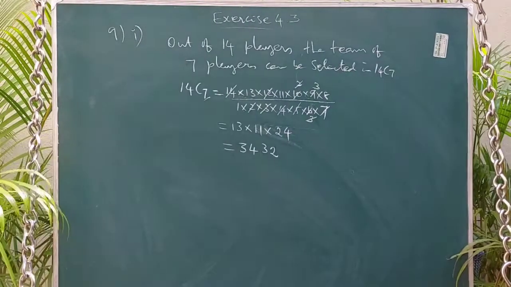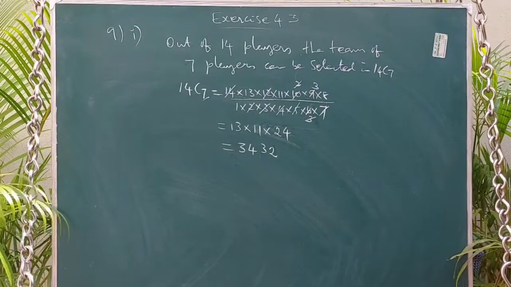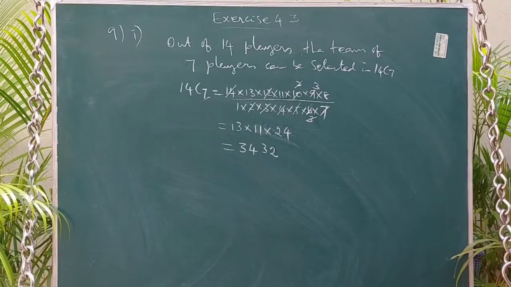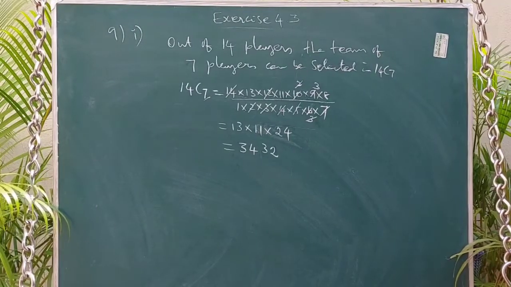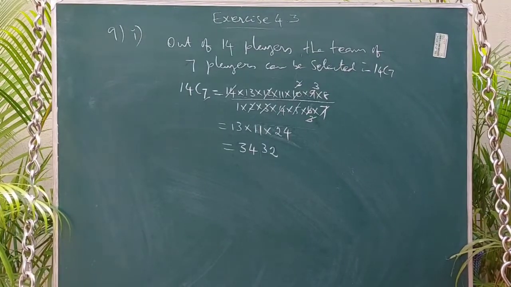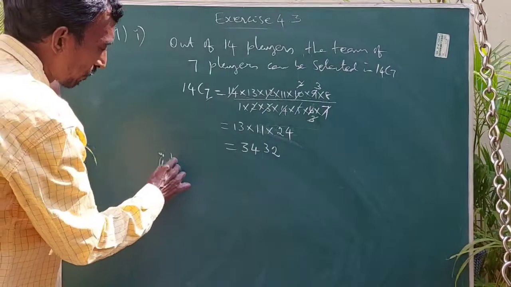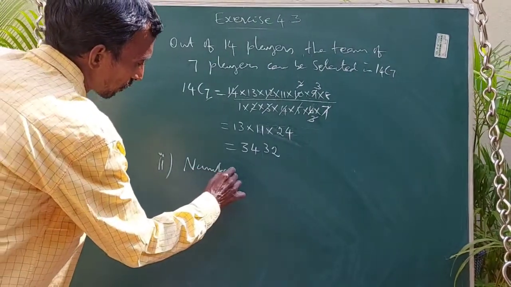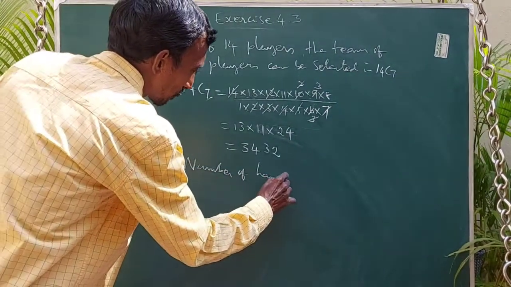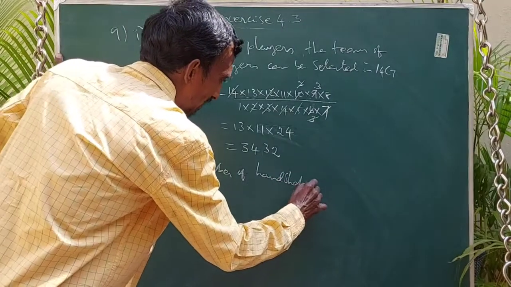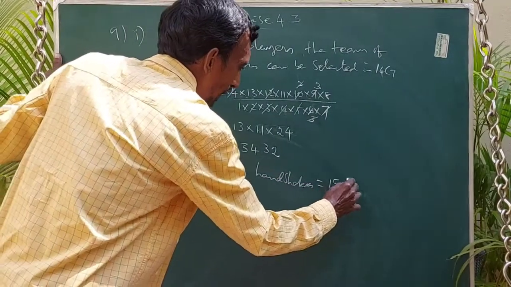It is a very easy one. For each handshake, 2 persons are needed. So there are 15 persons. It can be done in 15C2 ways. The number of handshakes is equal to 15C2.